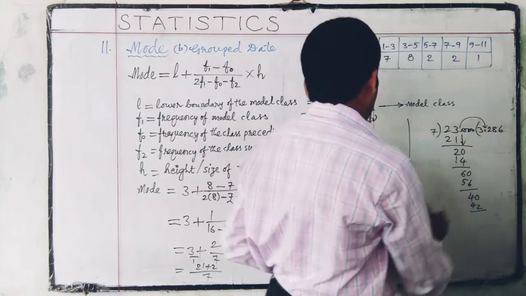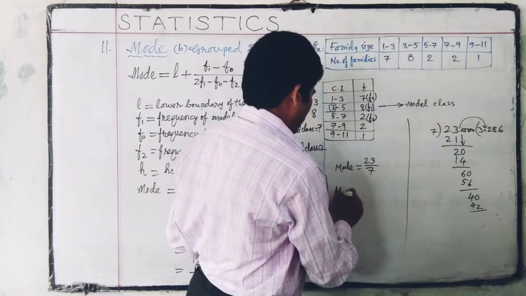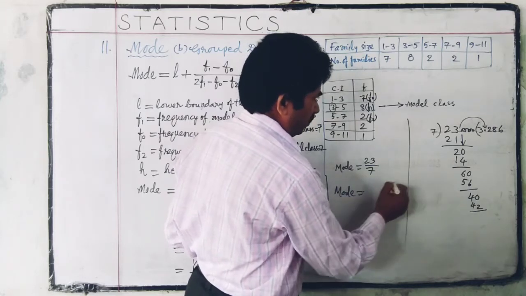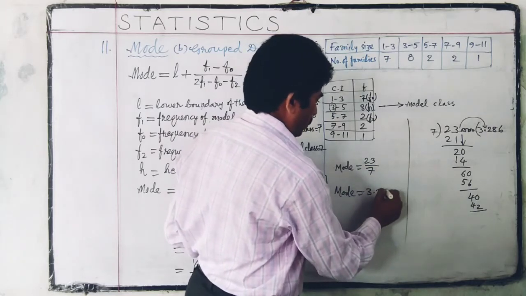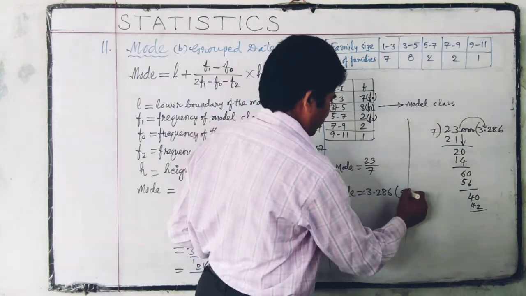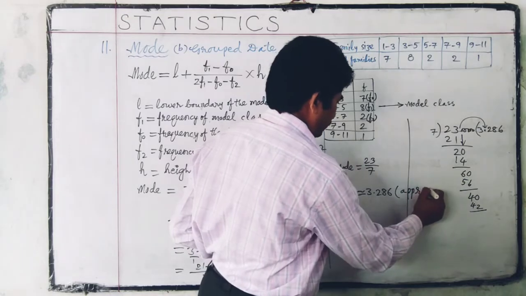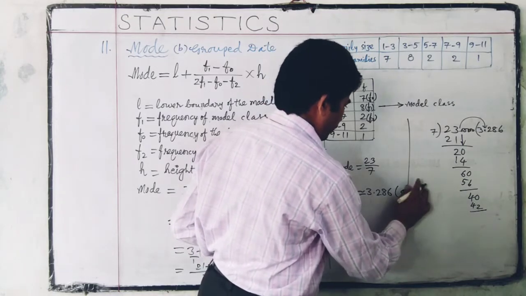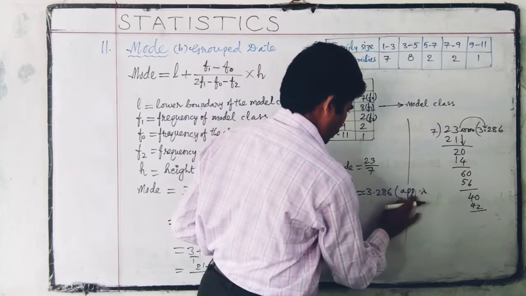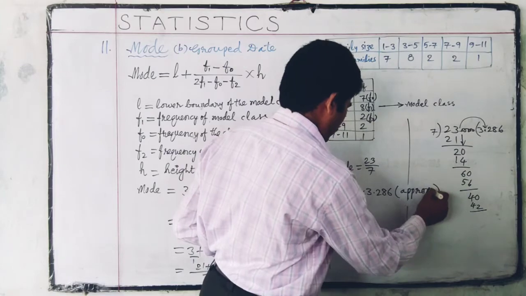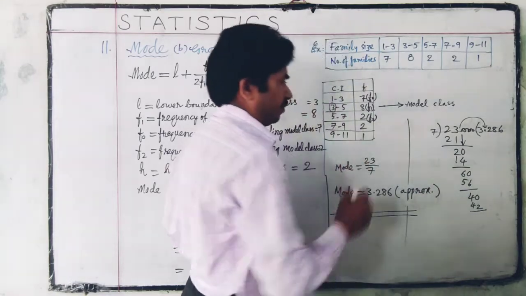So mode is approximately equal to 3.2286. We can keep it like this symbol or we can write approx. So this is the answer.